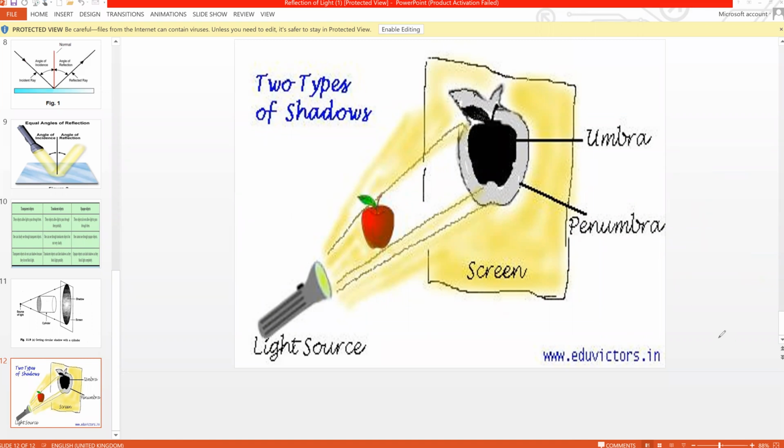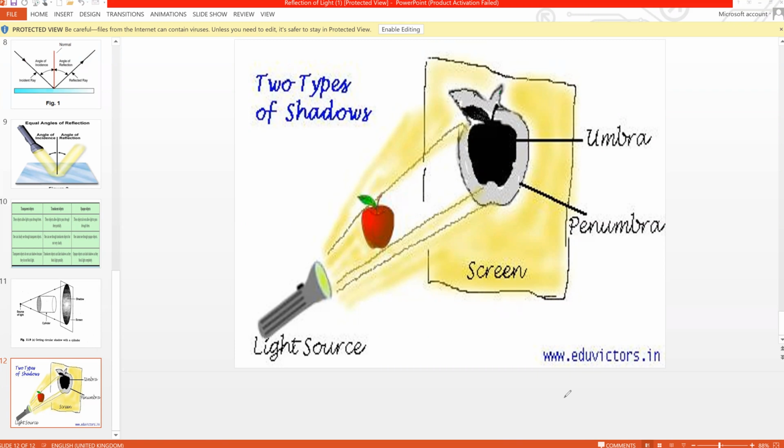The light rays are diverted from its edges, and wherever the apple region is, it forms a shadow. The dark colored region in the middle of the shadow is called umbra, and the surrounding light colored shadow region is called penumbra. This is how the shadows will form.